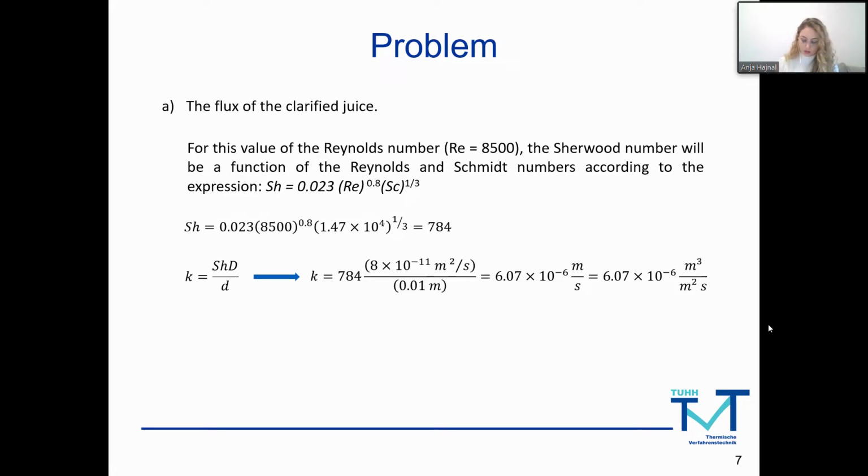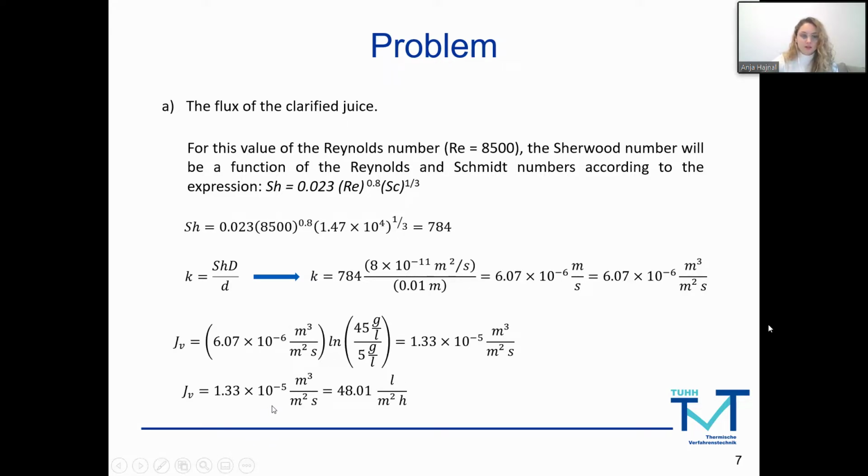And then I will show you the flux calculation, because then again you just have a formula and need to insert the values.